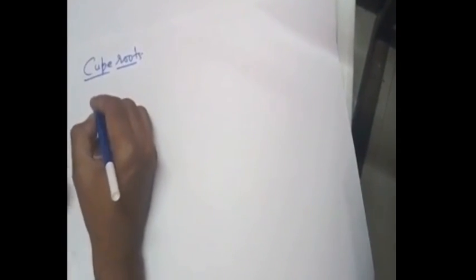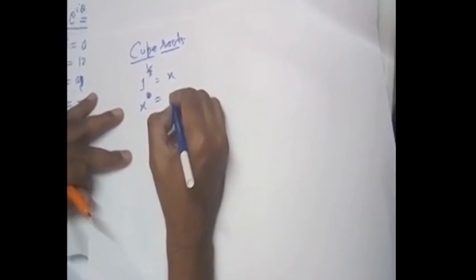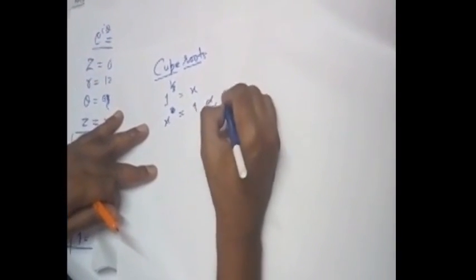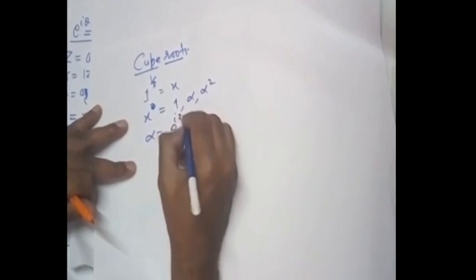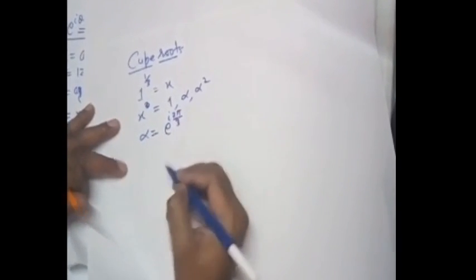Now we will use it by a simple method. Suppose we want to find cube roots. So according to that, cube roots: 1 power 1 by 3 equal to x, so x cube is equal to 1, then x is equal to 1, alpha and alpha square, where alpha is equal to e power i 2 pi by n.